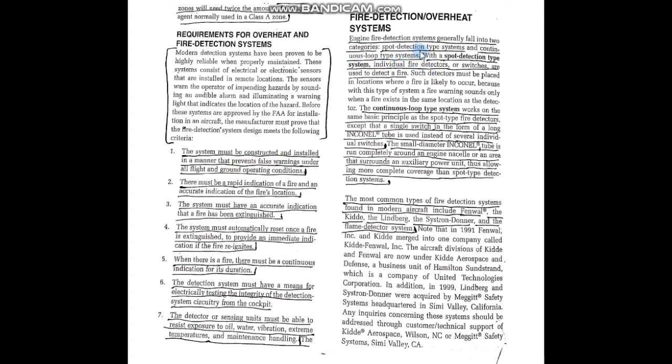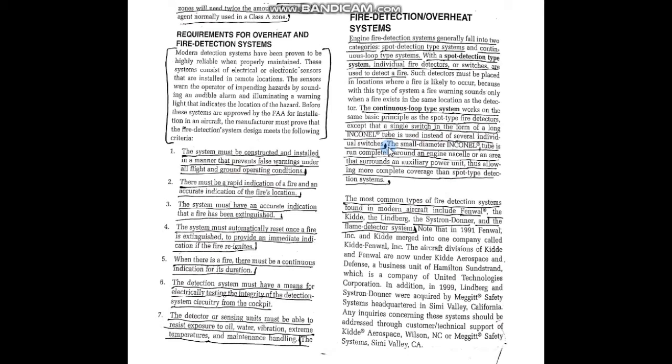What's the difference between them? With a spot detection type system, individual fire detectors or switches are used to detect fire. What about the continuous loop type system? This type works on the same basic principle as the spot fire detectors, except that a single switch in the form of a long inconel tube is used instead of several individual switches.